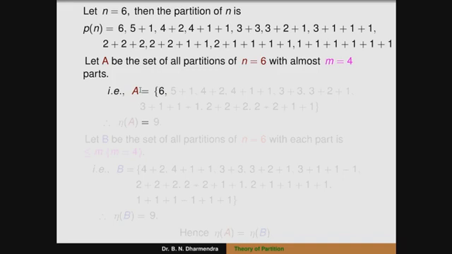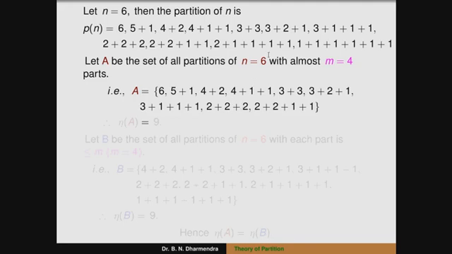A can be written as 6, the first part, next 5 plus 1, next 4 plus 2, next 4 plus 1 plus 1, next 3 plus 3, next 3 plus 2 plus 1, next 3 plus 1 plus 1 plus 1, that is 4 parts, at most 4 parts. Next 2 plus 2 plus 2, that is 3 parts, next 2 plus 2 plus 1 plus 1. So the count is 1, 2, 3, 4, 5, 6, 7, 8 and 9.